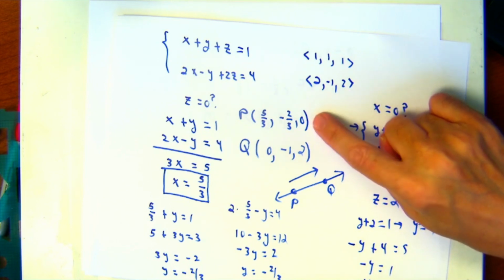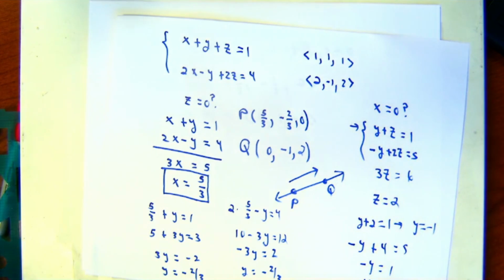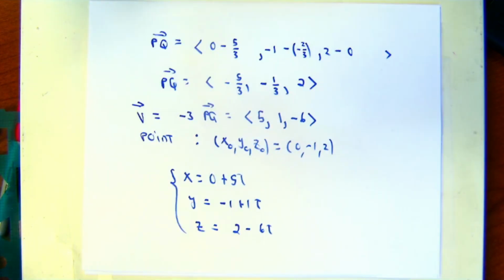So we could use those, but it seems to me to use these coordinates would be easy, because they're whole numbers and stuff. It makes no deep difference, though. So there is the equation of the straight line formed by intersecting the two planes that we started with.